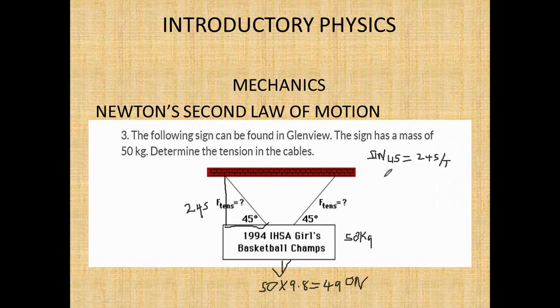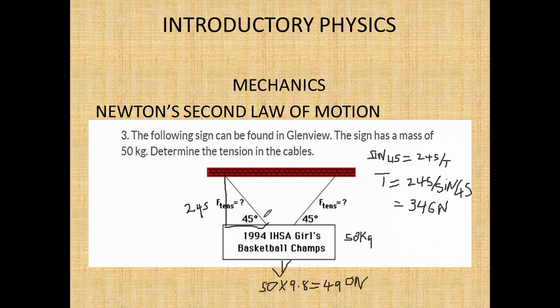So the tension is equal to 245 divided by the sine of 45. That comes out to be 346 newtons.